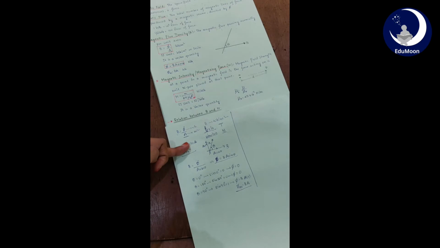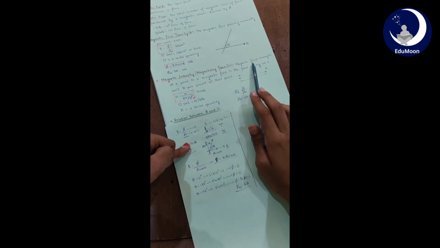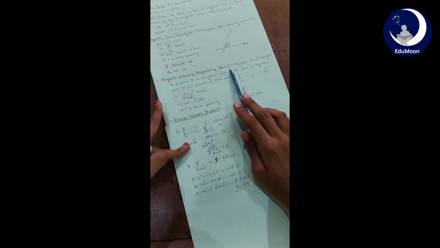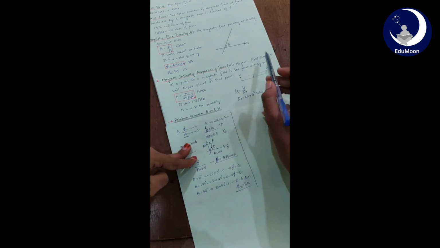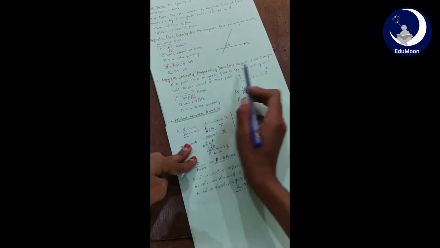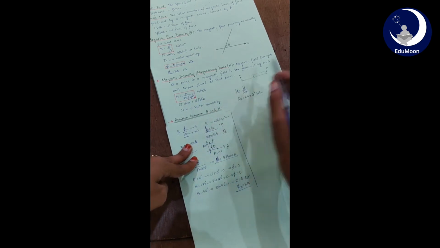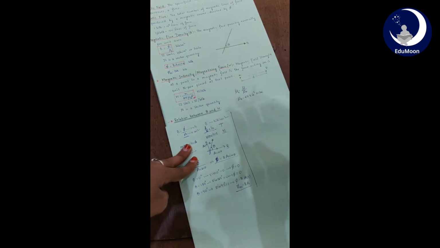Now let us see what magnetic intensity is. Magnetic intensity, or magnetizing force, or magnetic field strength, they denote the same. The symbol is H, okay. So the magnetic field strength at a point in a magnetic field is the force acting on a unit north pole placed at that point. Okay, now we'll make it simple.